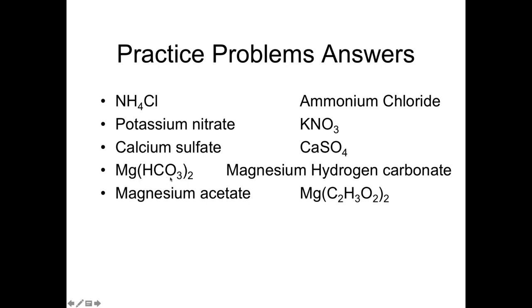Mg(HCO3)2 is going to be magnesium hydrogen carbonate, so that's what that is. And then magnesium acetate, magnesium's Mg2+, acetate is C2H3O2 with a negative sign. When you cross it, you're going to get Mg(C2H3O2)2.